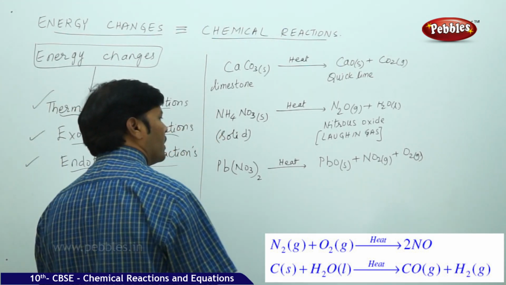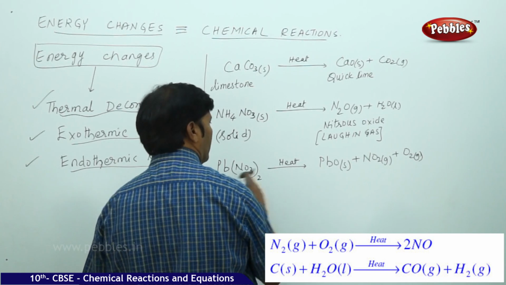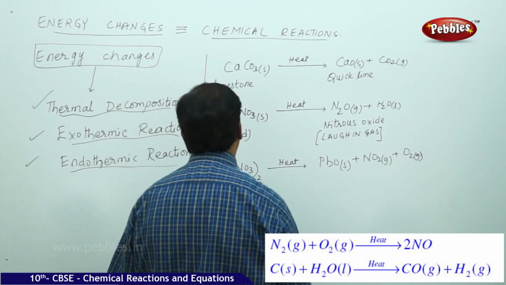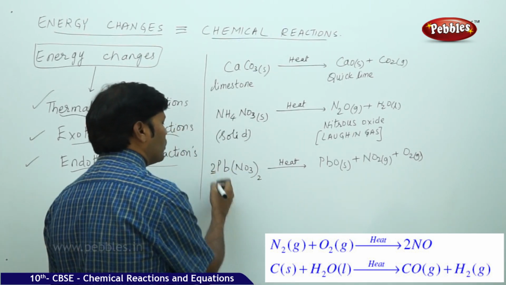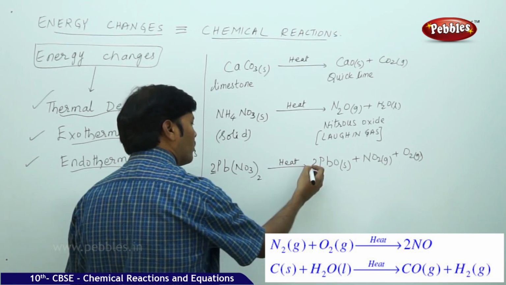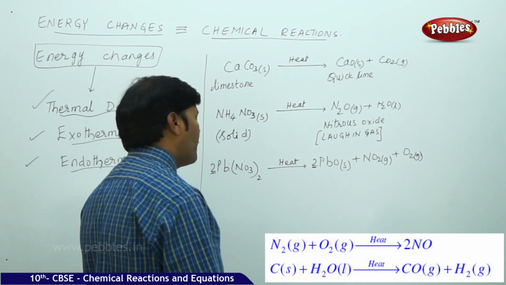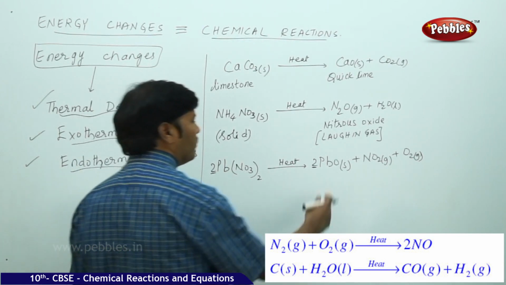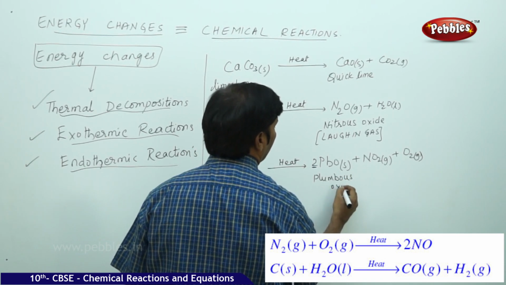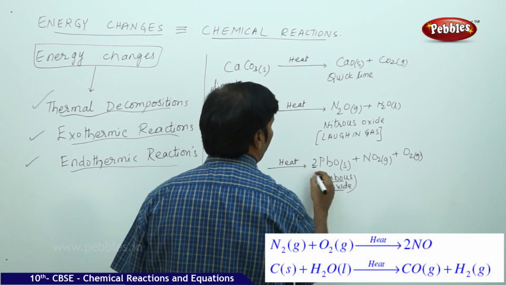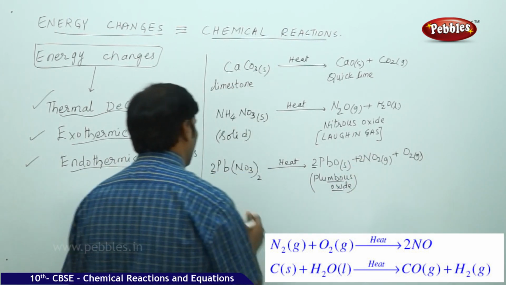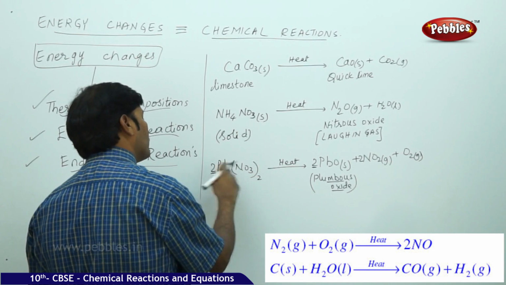If you want to balance the equation, suppose I start over here with 2 as a molar coefficient for lead nitrate. There are 2 leads, so I place 2 as a molar coefficient beside lead oxide, that is plumbous oxide or lead monoxide. There are 2 nitrogens, so take 2 over here. Number of oxygens: 3 2s are 6, 6 2s are 12.